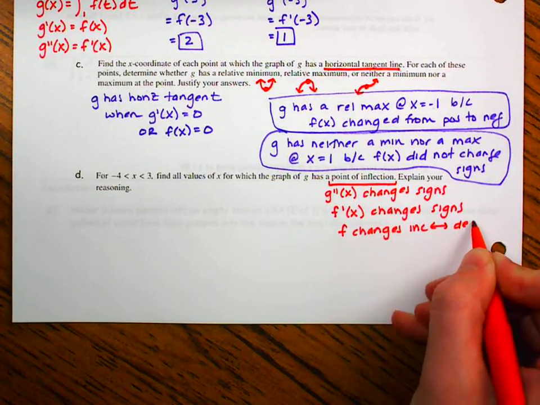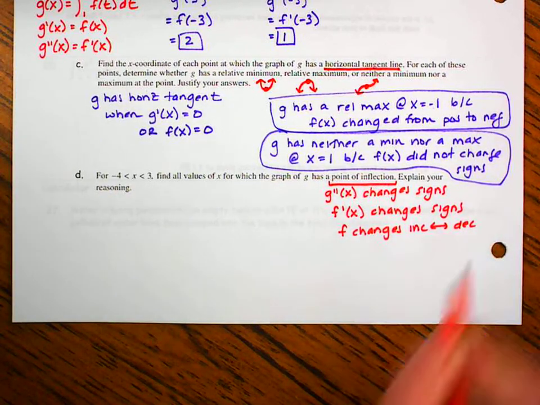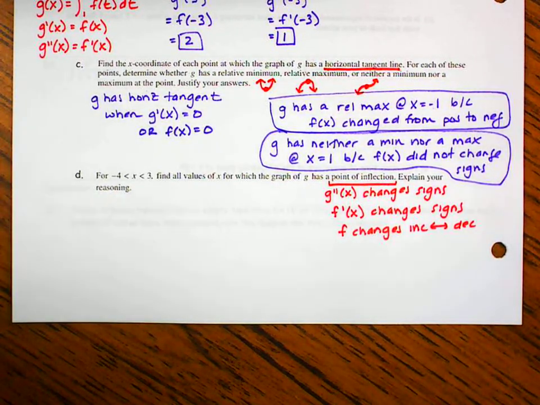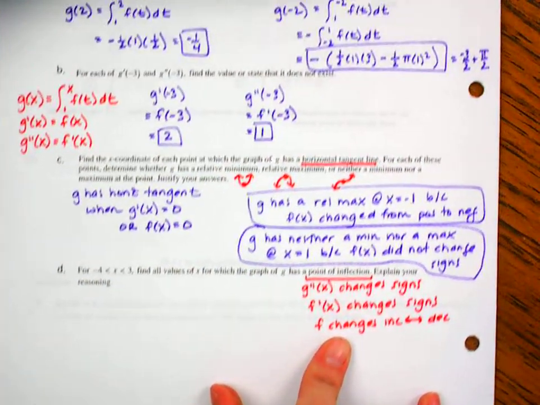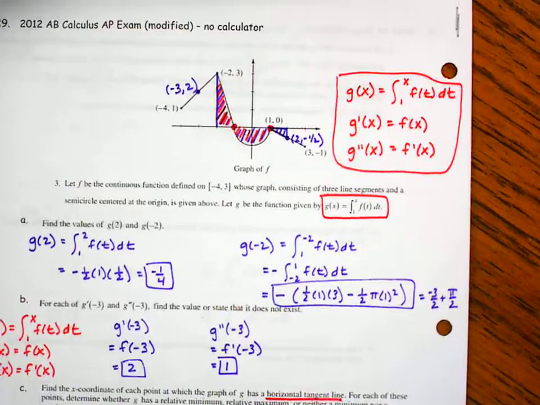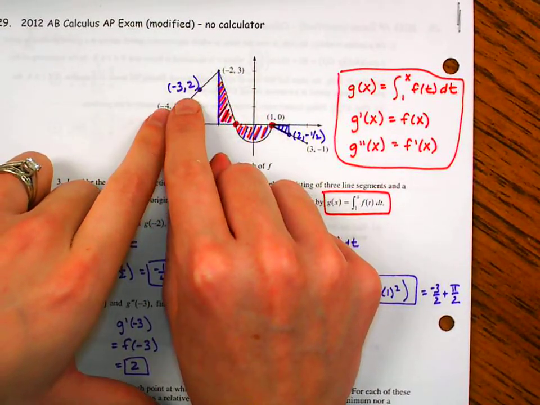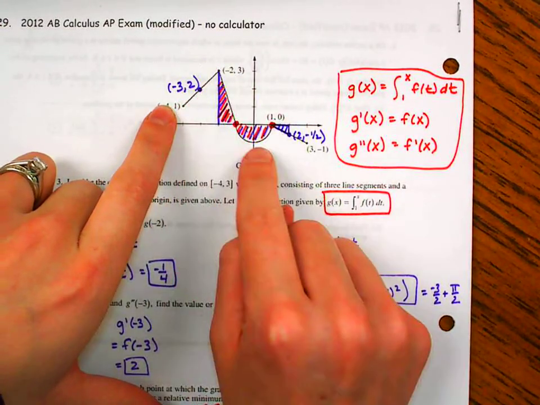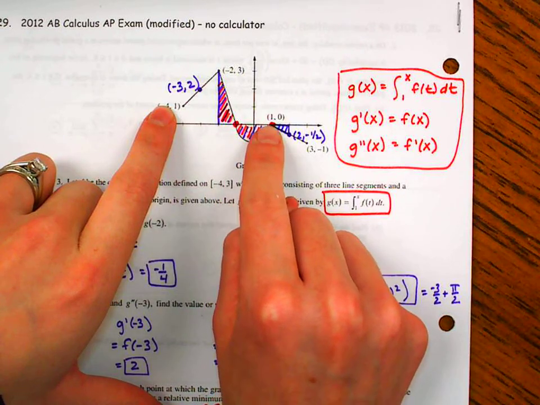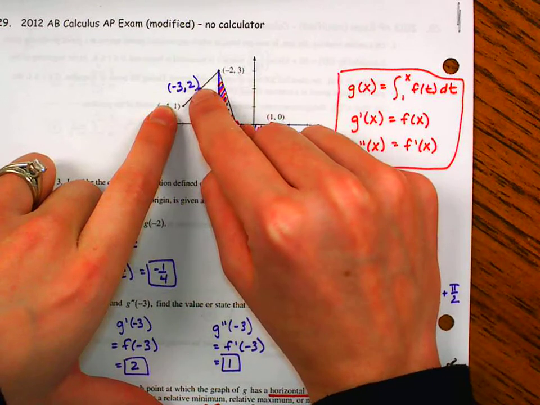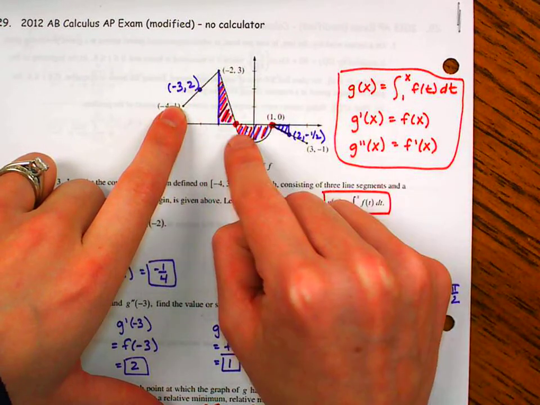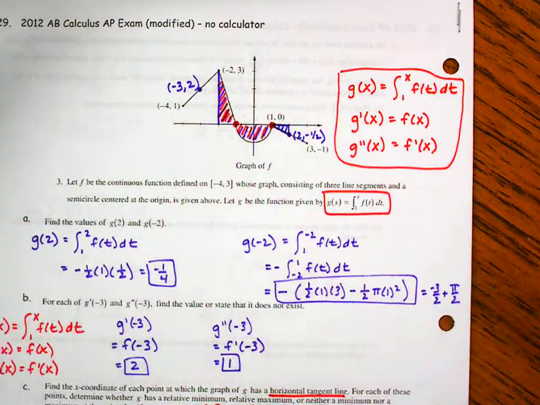Now, I wouldn't necessarily use this when I write my justification in a moment, but just for right now to help us think about it, I can look for a change from increasing to decreasing. So I'm going to look for where f changes from increasing to decreasing or decreasing to increasing. Well, here it does. I went from increasing to decreasing. Here I went from decreasing to increasing. And here I went from increasing to decreasing. Or in other words, my slope changed from positive to negative, negative to positive, or positive to negative.